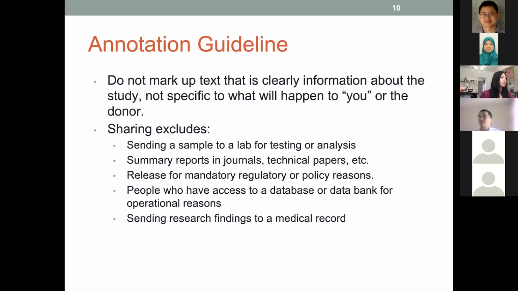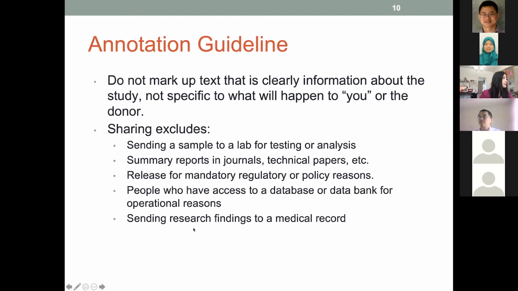And another important guideline is we only consider sharing as sharing outwards of the immediate study team. So the following are not considered sharing. For example, sending samples to a lab, or summary reports in journals or publications, released for mandatory regulatory policy reasons, such as to the FDA, NIH, or IRB, or people who have access to a database or data bank for operational reasons.